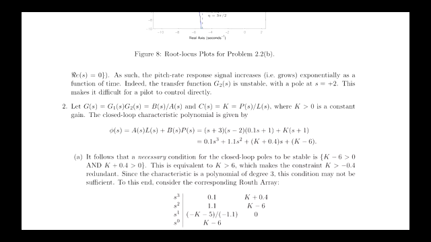So we know that the closed loop characteristic polynomial is given by this. It's A times L plus B times P. That's the characteristic polynomial. The zeros of the characteristic polynomial are the closed loop poles. The closed loop poles will be a function of the controller gain. Where the zeros of this polynomial lie depends on k, because the coefficients of the polynomial depend on k.